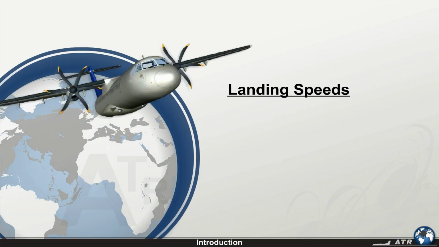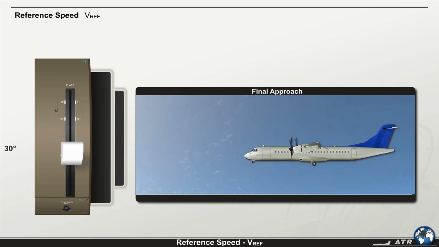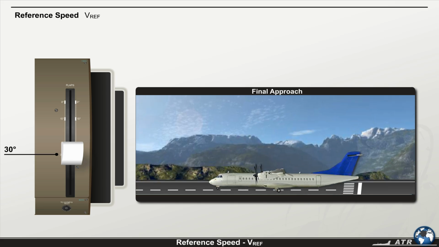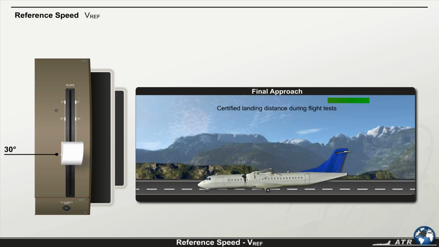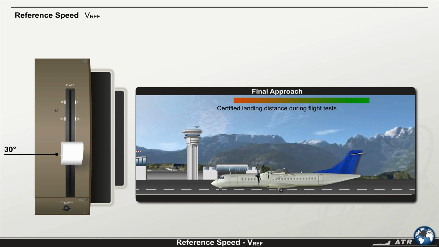Continue with the meaning of the landing speeds used for the ATR. Reference speed, VREF. This is the demonstrated speed at which the aircraft is stabilized on the final approach in landing configuration. VREF is used for the determination of the aircraft's certified landing distances.